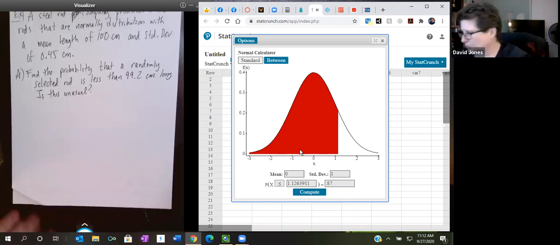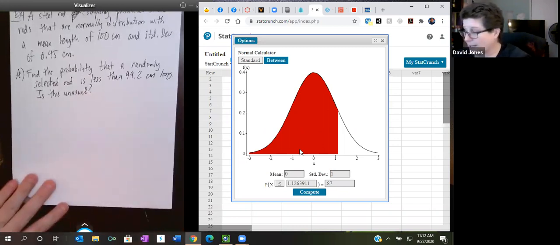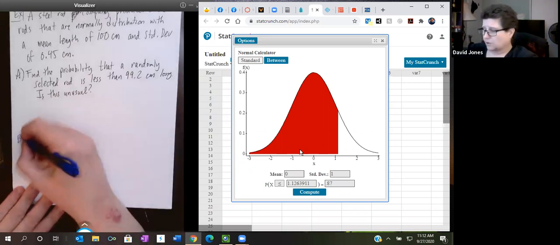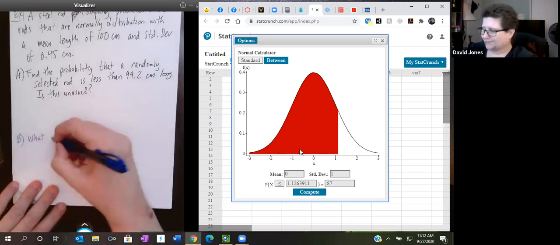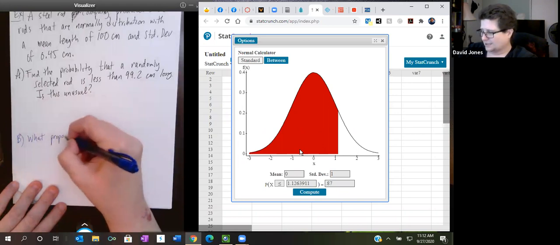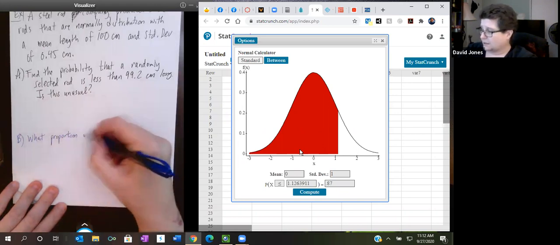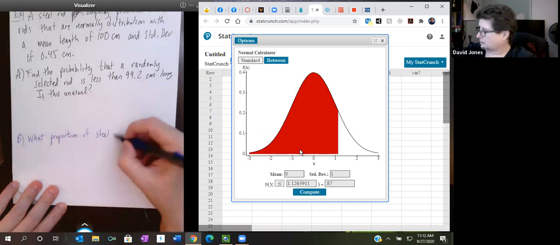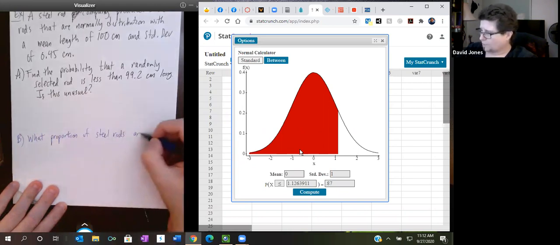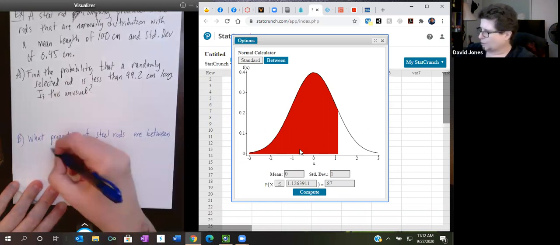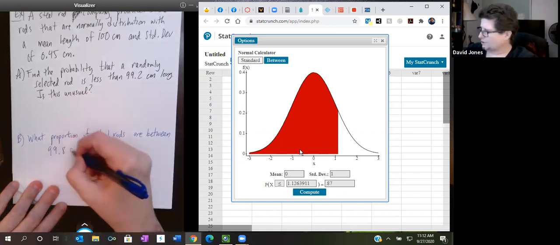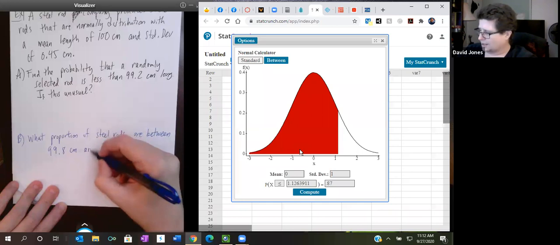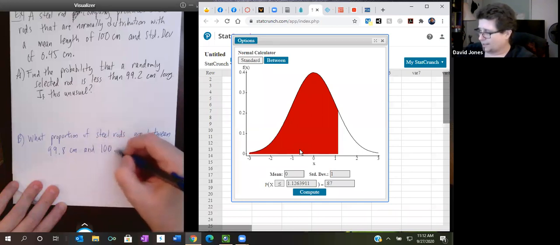And I'm going to change the wording up for part B. What proportion of rods are between 99.8 centimeters and 100.3 centimeters?